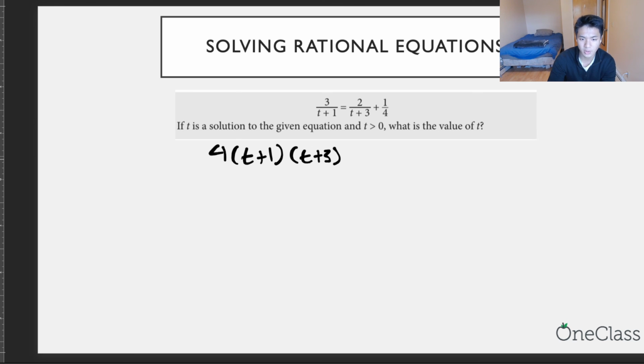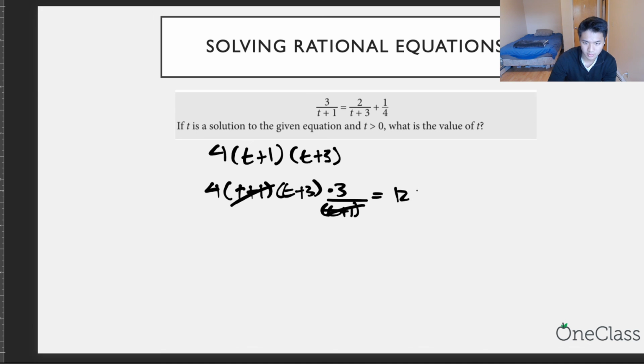So 4 times t plus 1 times t plus 3 times 3 over t plus 1 gives us the following. We eliminate t plus 1 here, and we get 12 times t plus 3.